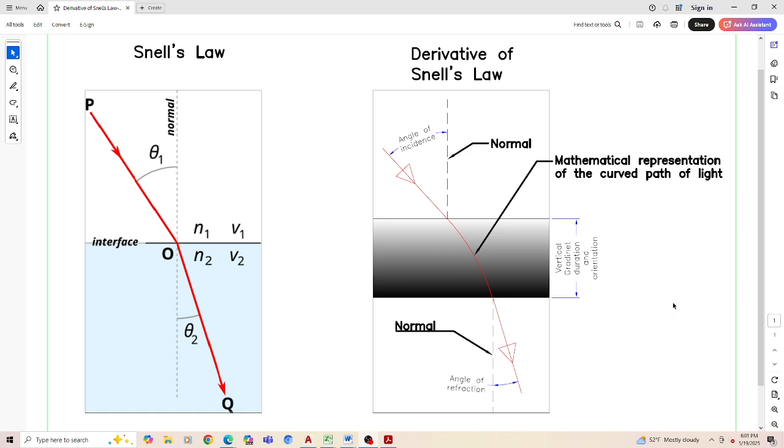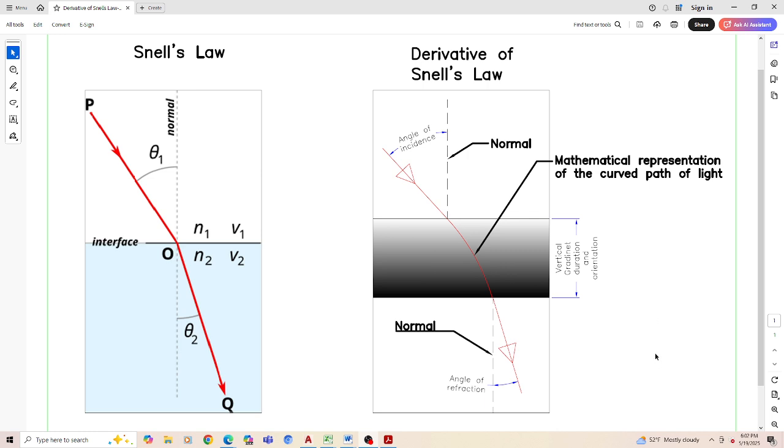Now, what we can understand from this demonstration is that a gradient, a vertical gradient, is fine. We can accept that one may exist.